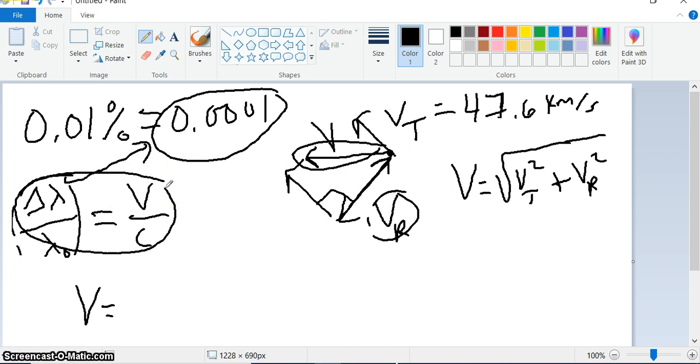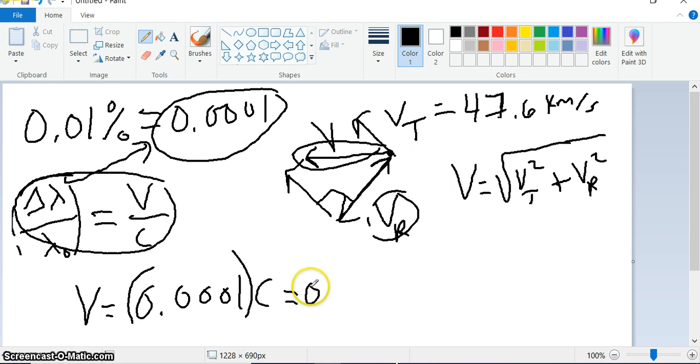The velocity is going to be 0.0001 times the speed of light. In this case, we want to use the speed of light as 3 times 10 to the 5th kilometers per second.